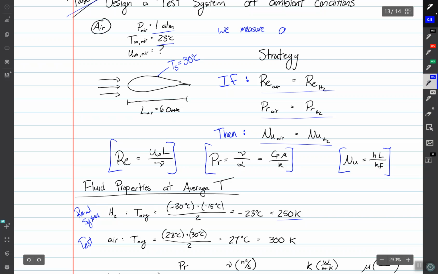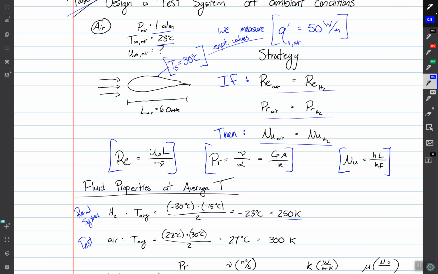So these are experimental values. We don't know yet what the velocity of the air should be, but we'll figure that out soon.